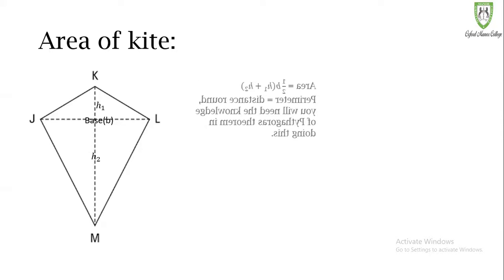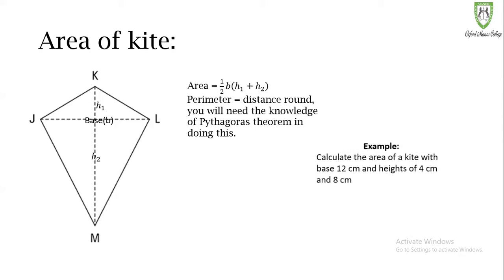Area of a kite. This is a kite with base B, the smaller part of the kite height 1, then the other one height 2. So the area is half times the base times the height of the entire kite.